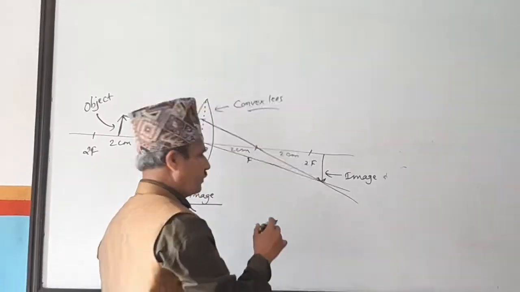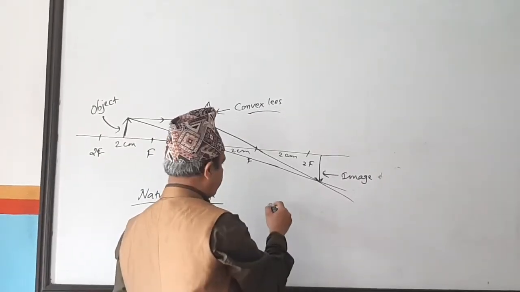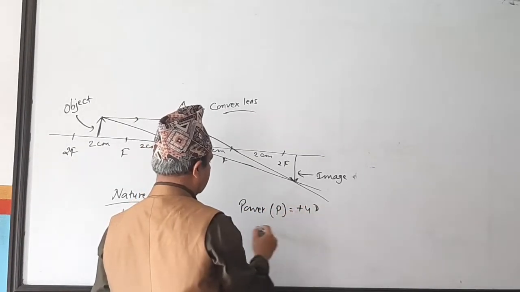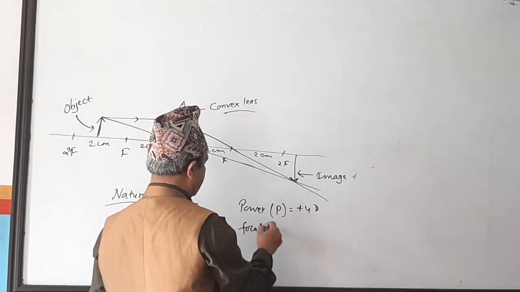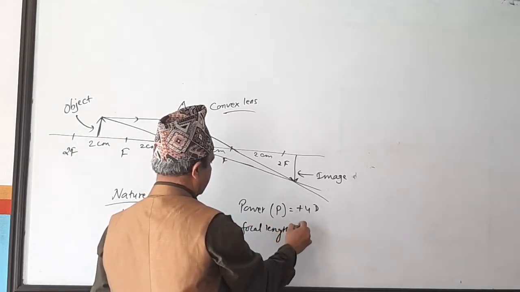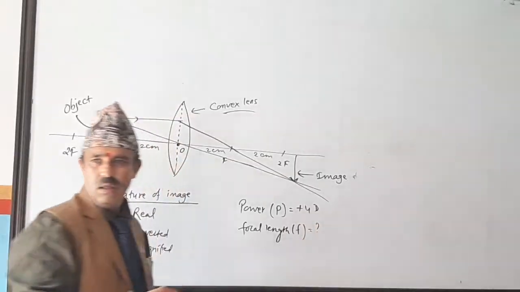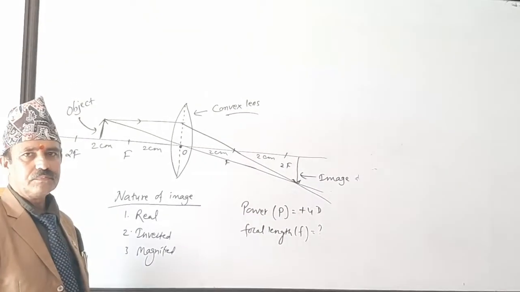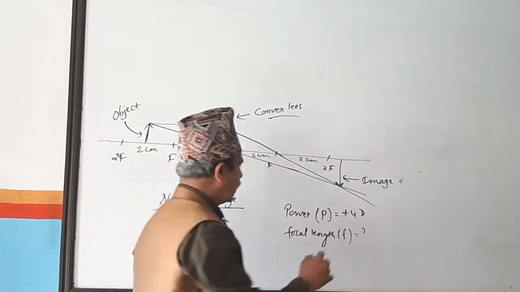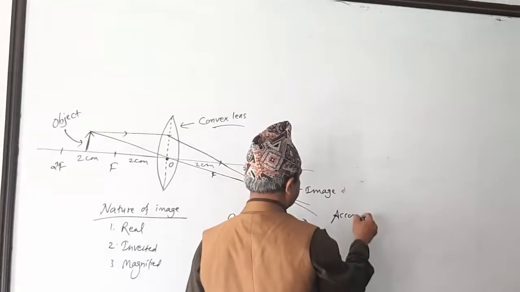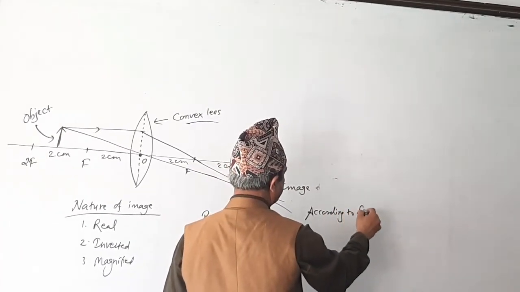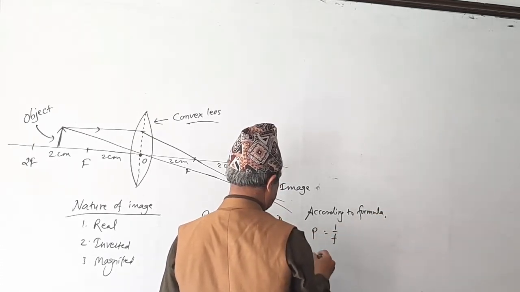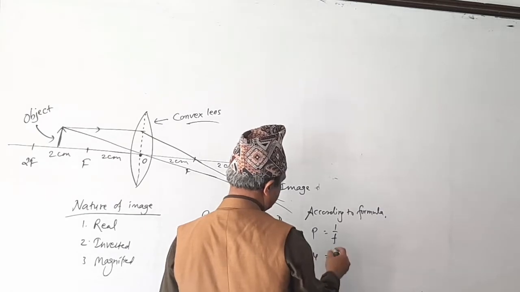Power of lens is given. P equals to +4 diopter, focal length F equals to? Power of lens is given, focal length we have to calculate. What is the formula? P equals to 1 by F. Good. According to formula, P equals to 1 by F. P is 4, you can also write plus, no problem.